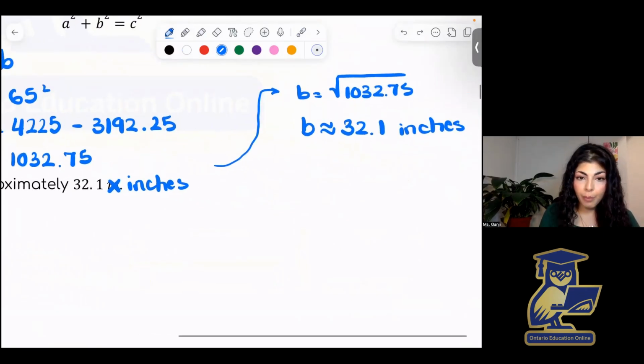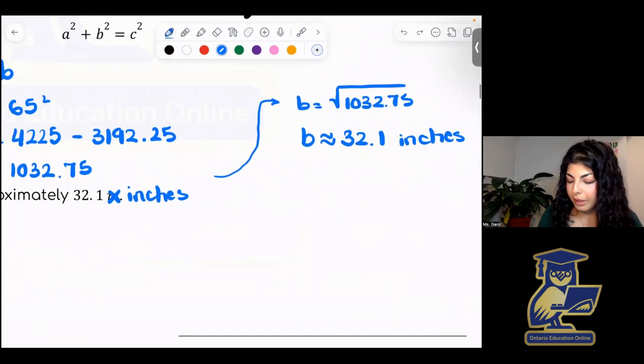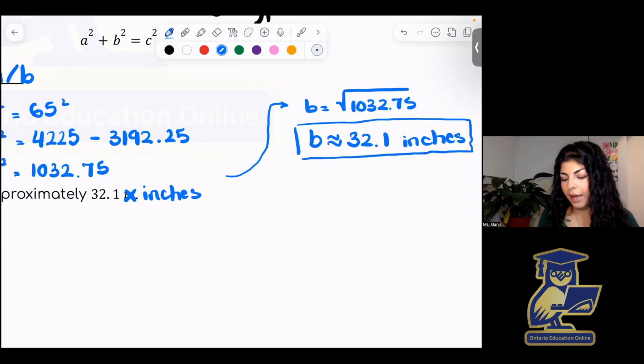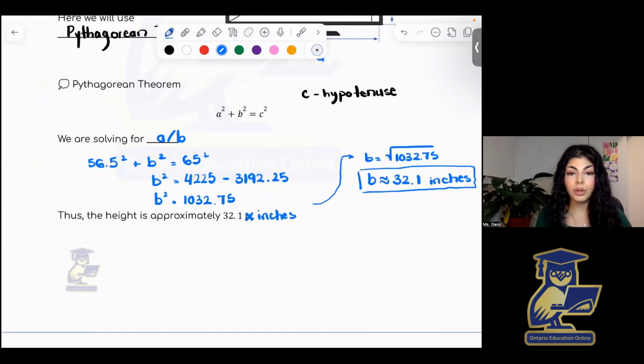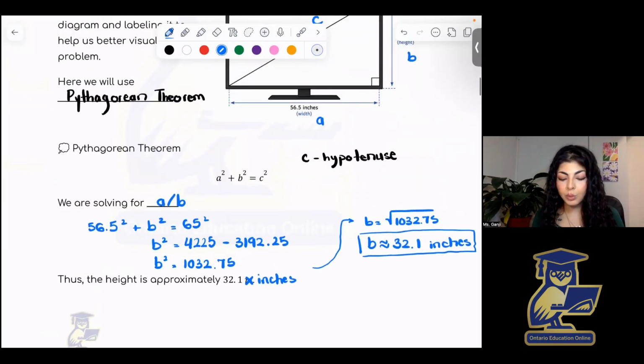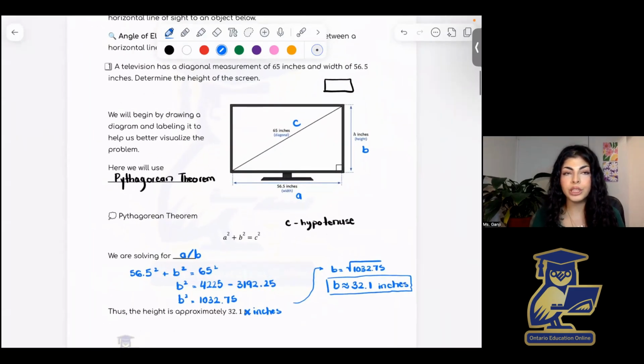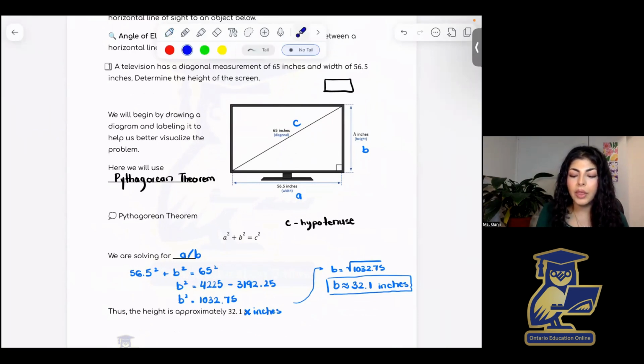So when it comes to boxing your answer, it's actually better I box this one. And then I have my concluding sentence separate there. So you can see my solution, and then I have my concluding sentence, which is interpreting the solution in the context of the problem, which was the height of the TV.